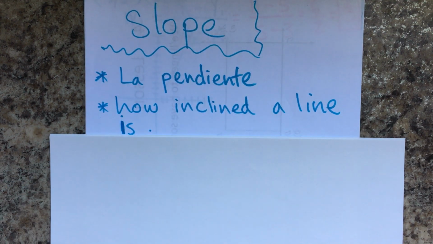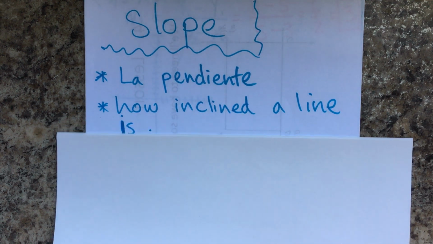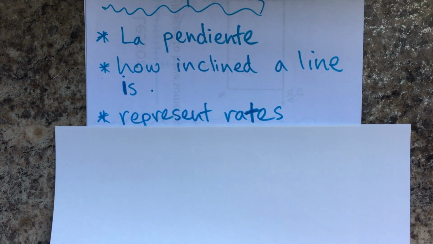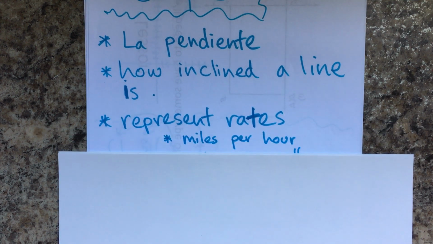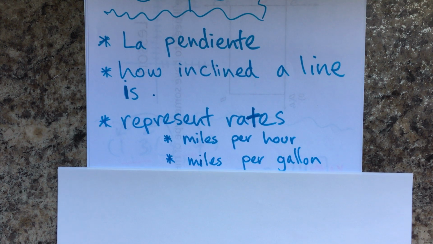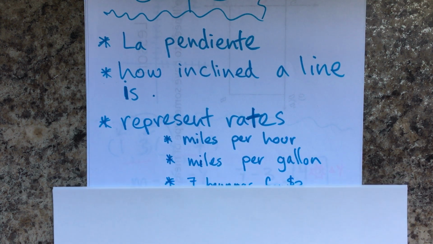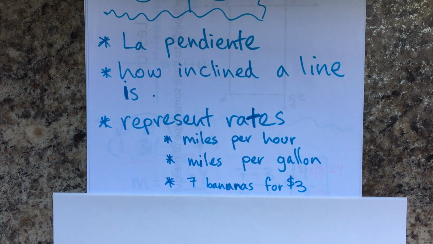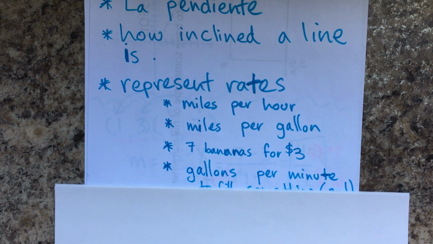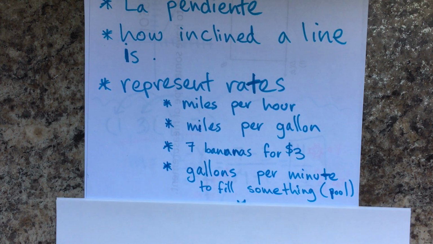And you can find it in mountains, you can definitely find it in San Francisco when you're going up and down the streets. But also it represents rates. Some examples of rates are miles per hour, miles per gallon, 7 bananas for $3, gallons per minute when you're filling a pool.